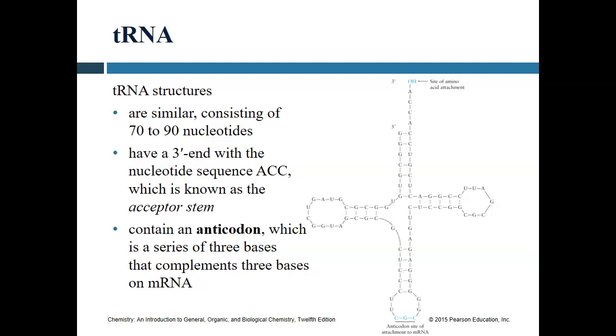Now, not all transfer RNA look exactly the same, but they do have some commonalities. Each one has somewhere between 70 and 90 nucleotides in it. On the 3' sugar end, there is an opening sequence, ACC.